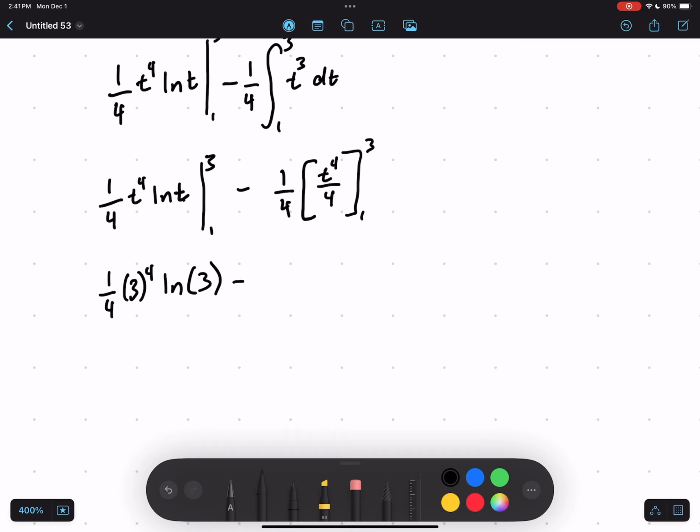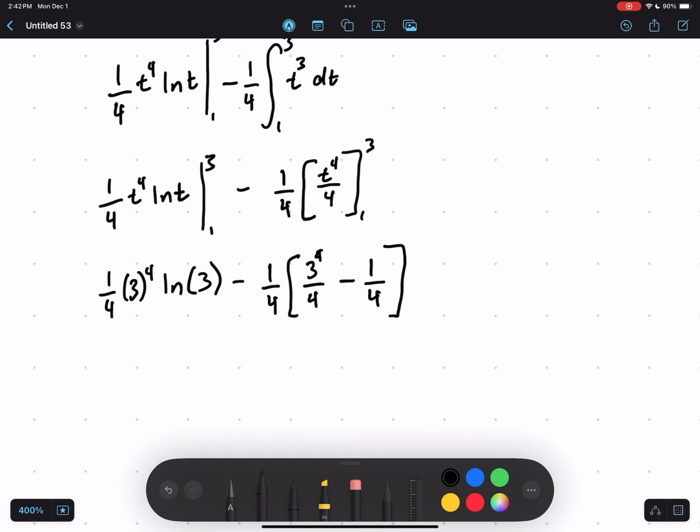And what that means is ln of 1 is just 0. So whatever this subtraction would end up being, it would just be 0. So it's irrelevant. We'll skip writing that this time, and just move on to the remainder of it. Minus 1/4 times, t to the 4 is 3 to the 4th over 4, minus 1 over 4.